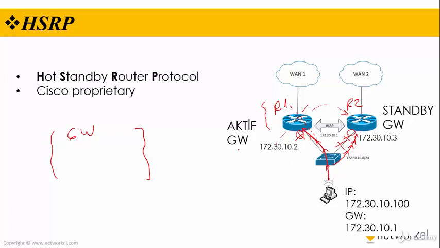And if I configure preemption on router 1, for example, let's say that I have fixed the power unit problem and I configure the preemption as well, this router will become the active gateway again, and this one will act as a standby.